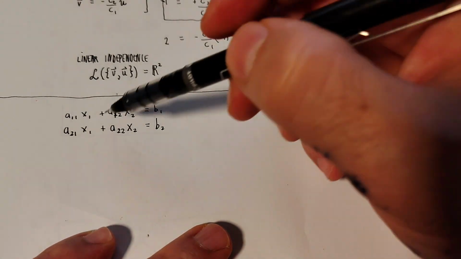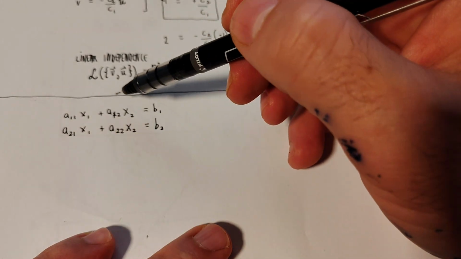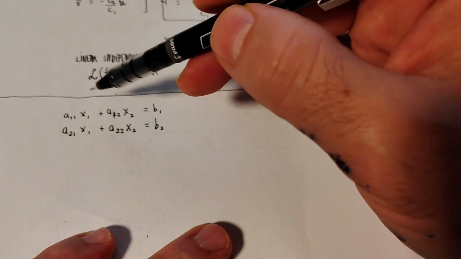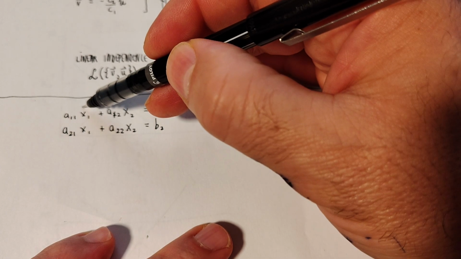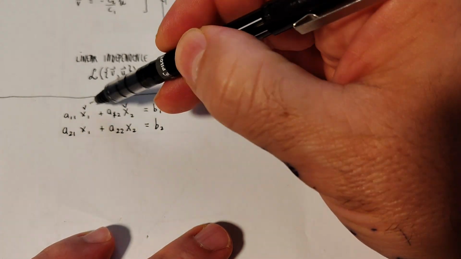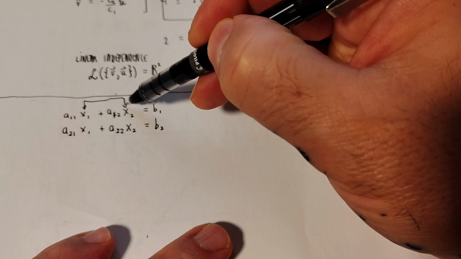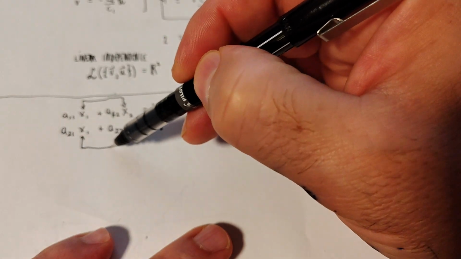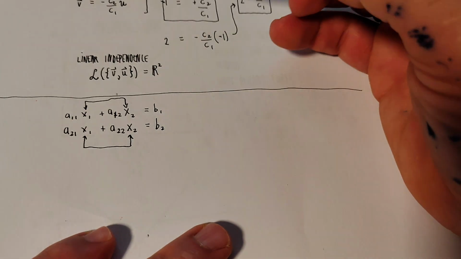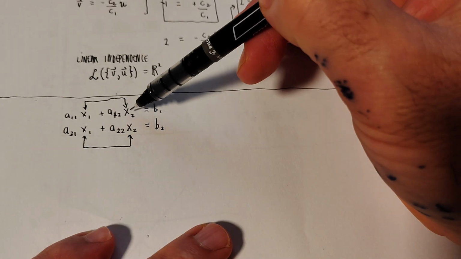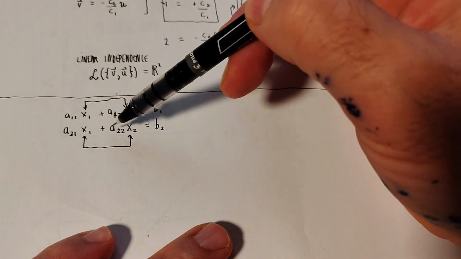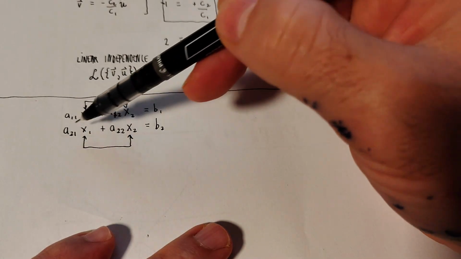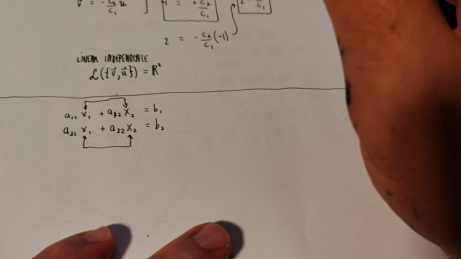So here, what we want to do is factor these x's out of that and create their own vector, because you can see here x1 and x2 are the same, but a11, a12, a21, and a22, the different constants, they don't have to be equal to each other.